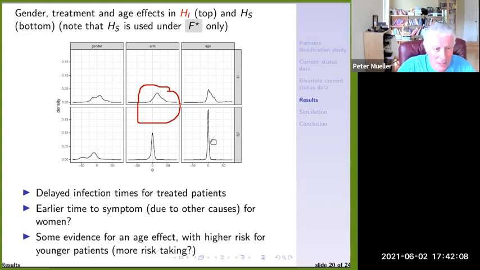Yeah? Down there, this is inference on the gray F sub S. So that is perhaps a little bit more difficult to interpret. One thing is comforting. Remember the gray F sub S, the way it was set up, that is the distribution of time to symptom when the symptom is due to other causes. Where "due to other causes" is, of course, just my arbitrary English tag for the thing.